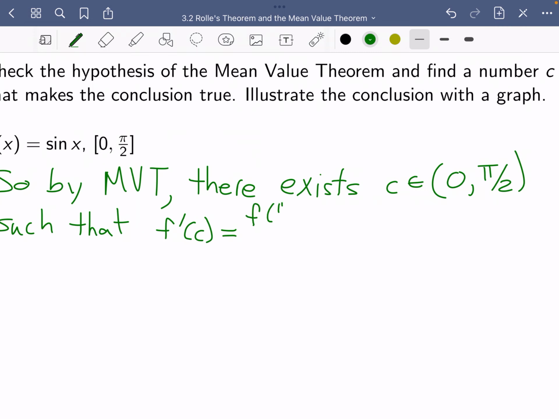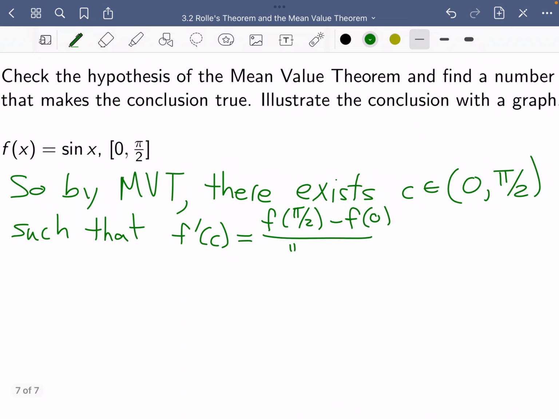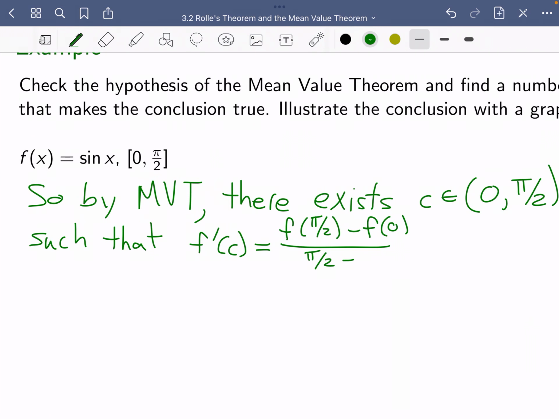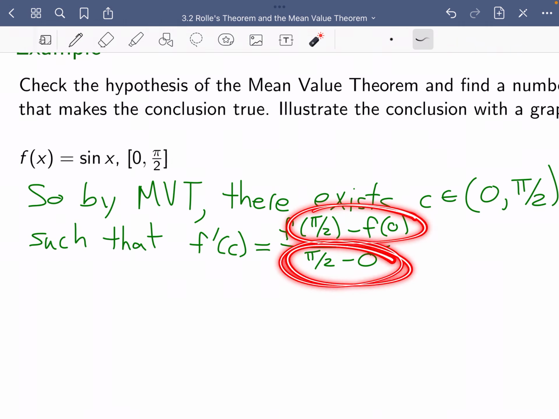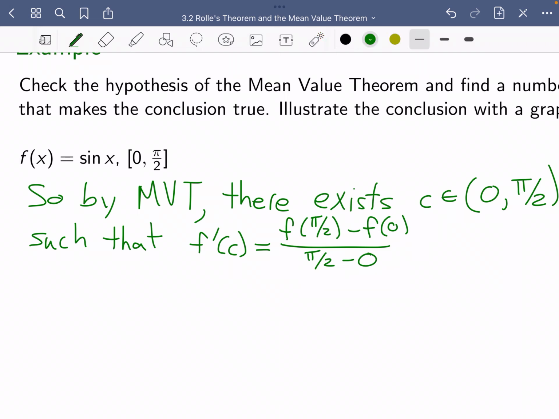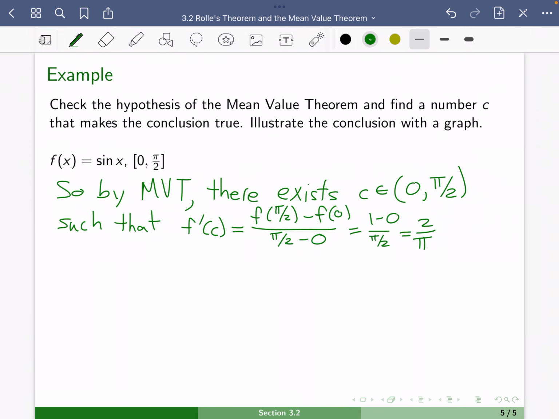And so it's equal to f of pi/2 minus f of 0 over pi/2 minus 0, right? So the change in the y values over the change in the x values. So this is 1 minus 0 over pi/2, which is 2 over pi. So we are certain there exists some number c in this interval where the derivative at c is equal to 2 over pi.